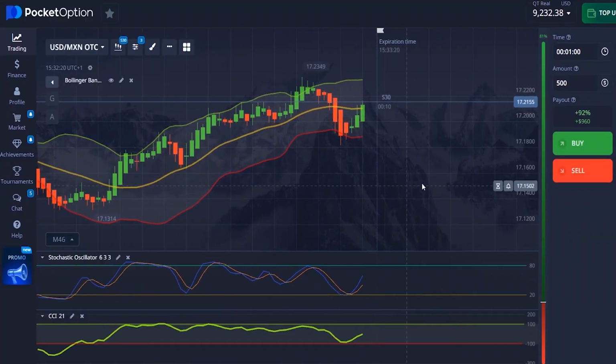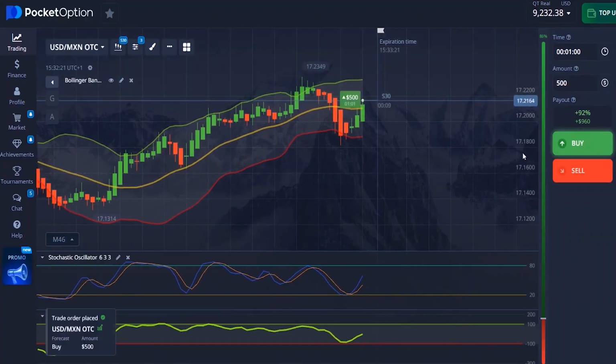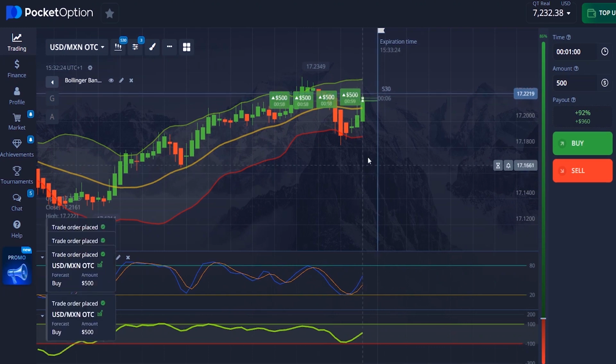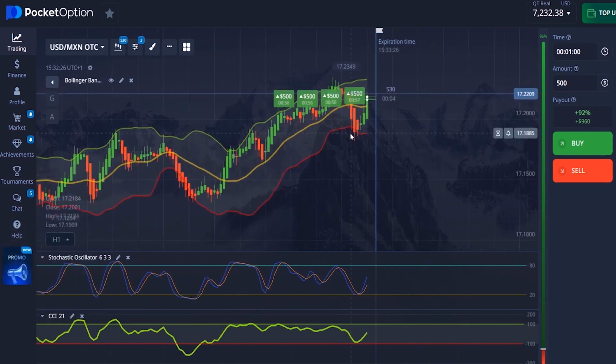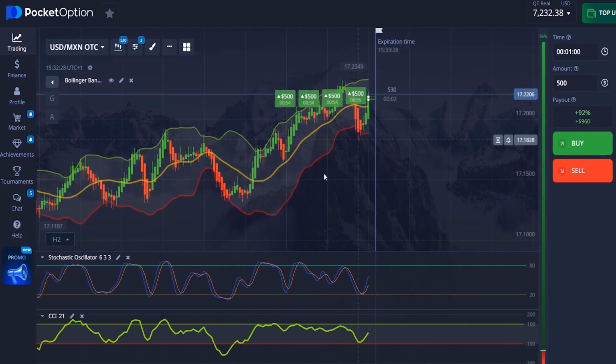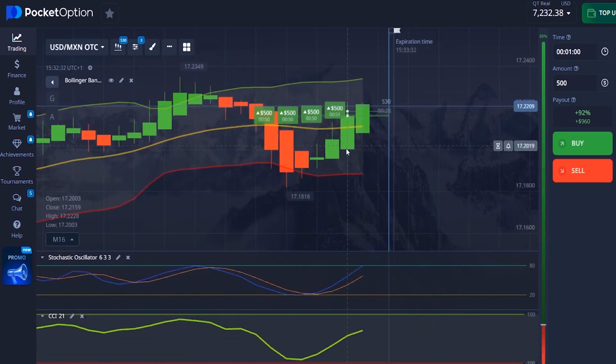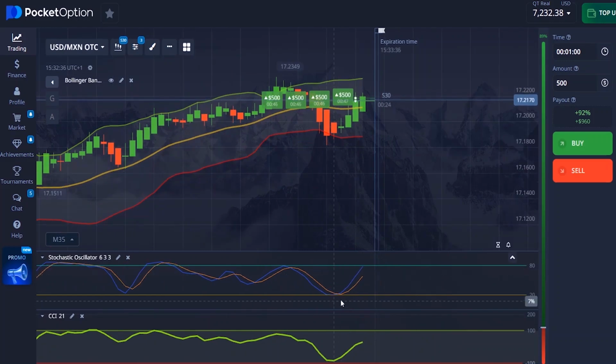So right here I found another opportunity. So the market is in an uptrend, and also I have a consistency of a candlestick right here. My stochastic oscillator and my CCI indicator is giving me another confirmation.